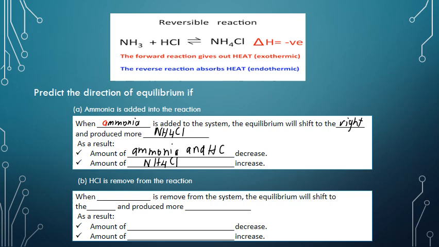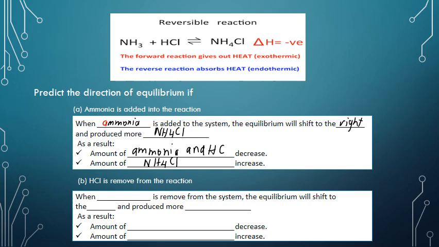So let's see the other disturbance, which is HCl is removed from the reaction. Disturbance-nya sekarang ataupun gangguannya sekarang adalah kita membuang HCl daripada reaction tersebut. Sekarang dah tak ada HCl. So what happened? So, bila ada gangguan tiadanya HCl, sistem kita cuba nak capai kembali equilibrium. Jadi, sistem kita akan cuba untuk hasilkan kembali HCl.